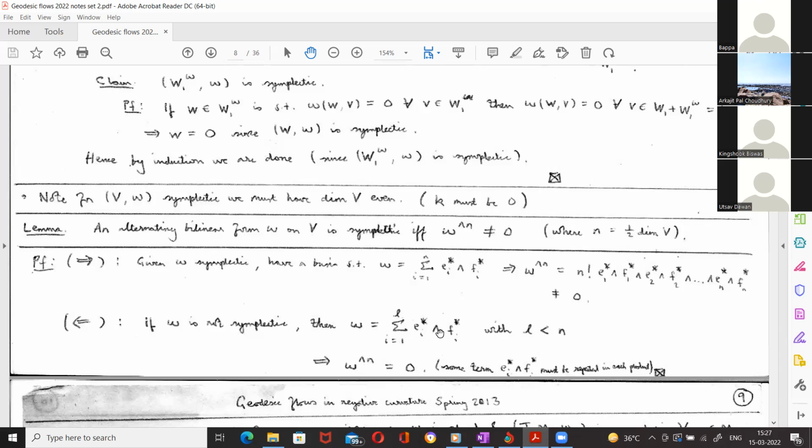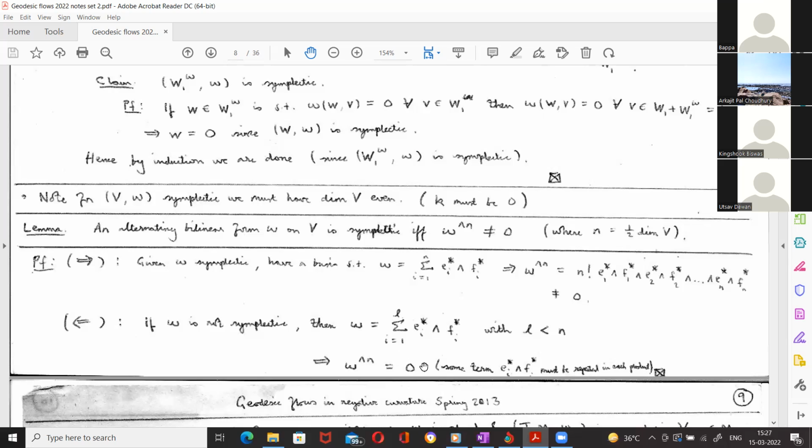So therefore each term will be 0. As soon as one of these is repeated, the wedge product will be 0. So this will be a sum of zeros, so this will be 0.